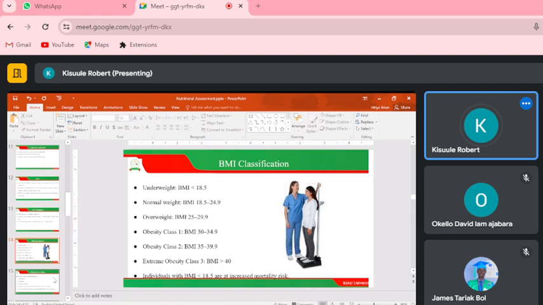So individuals with a BMI of less than 18.5 are at increased risk of mortality. What does the body do if you're not taking in a lot of calories?